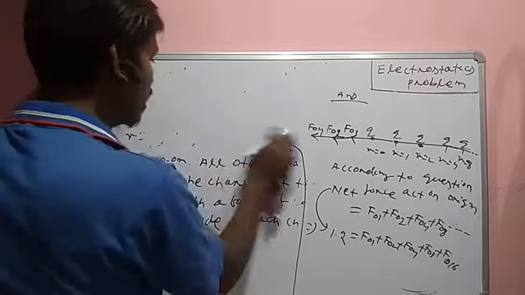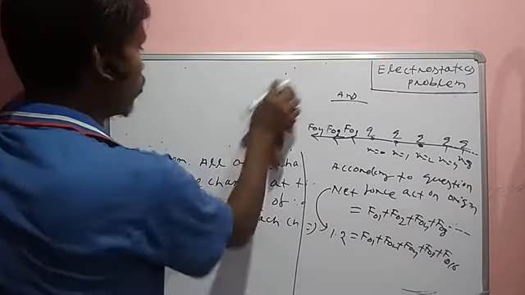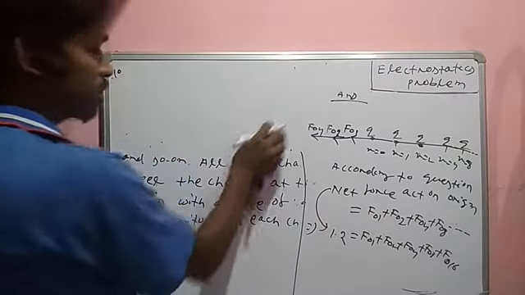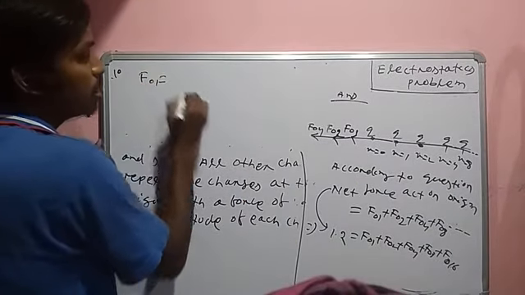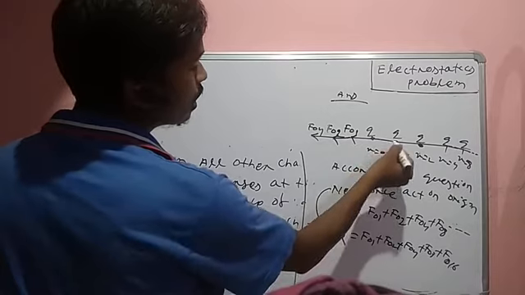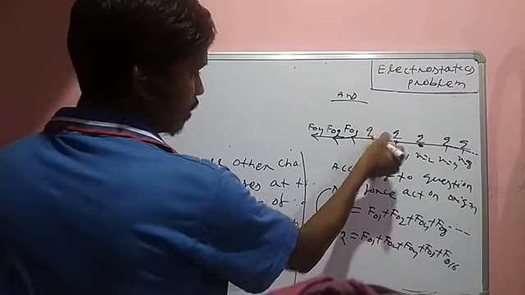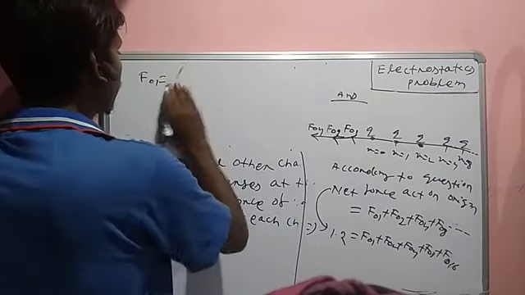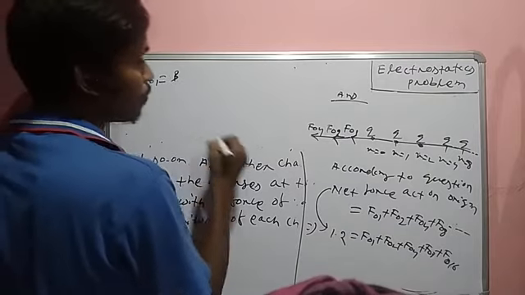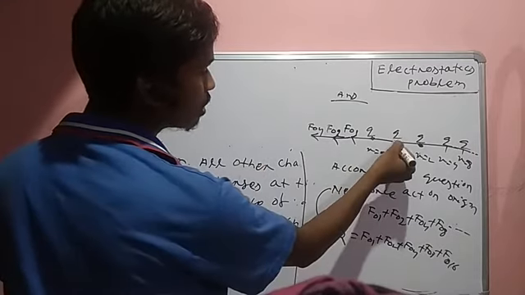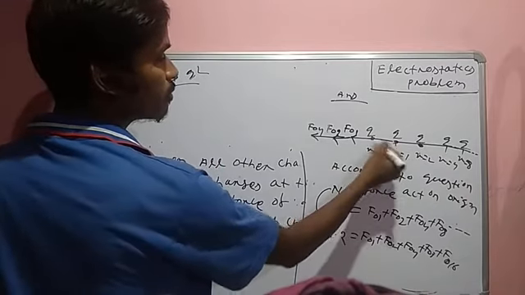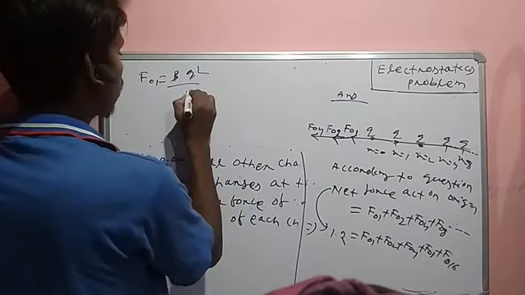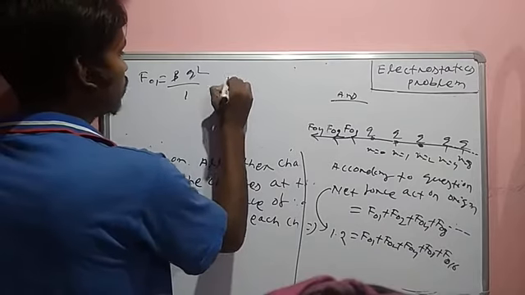Individually we can calculate the value of the forces. F01 means k q squared, the distance between the two points 0 to 1, squared, 1.